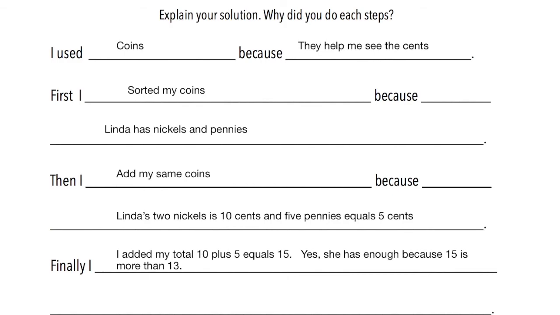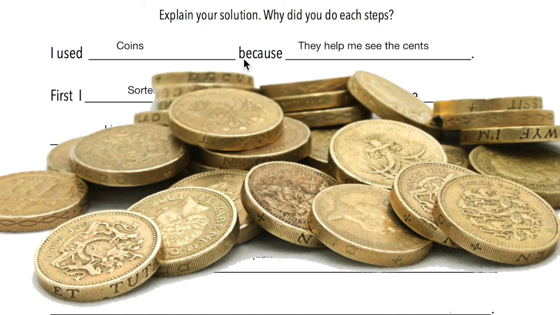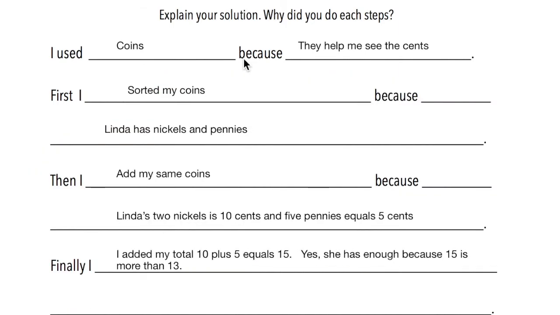You can either do it on video and explain how you solved it, or you can write it out just like my example. So for me, I said I used coins because they helped me see the cents. When I saw the coins, I said, oh, that's a nickel, that's a penny, so it helped me.